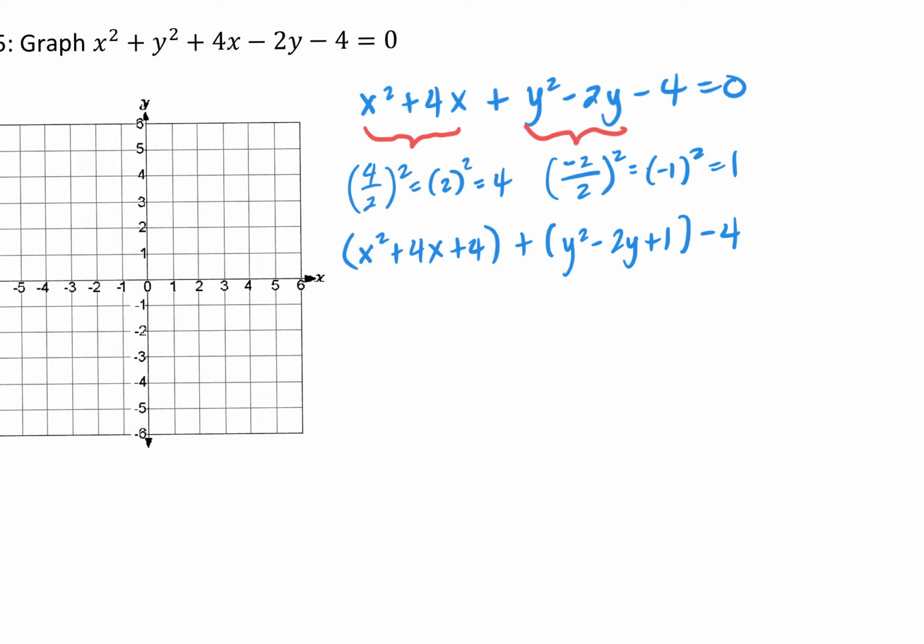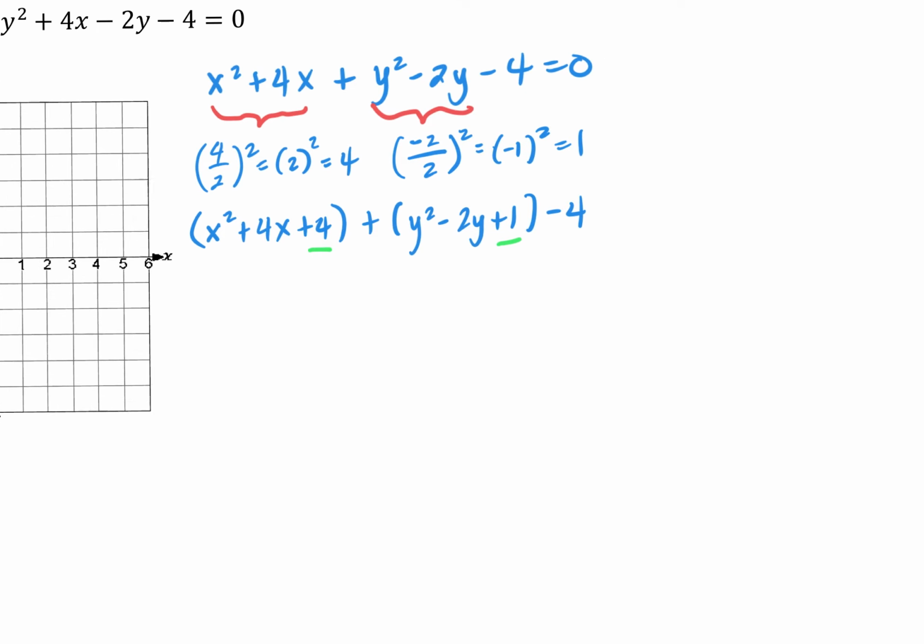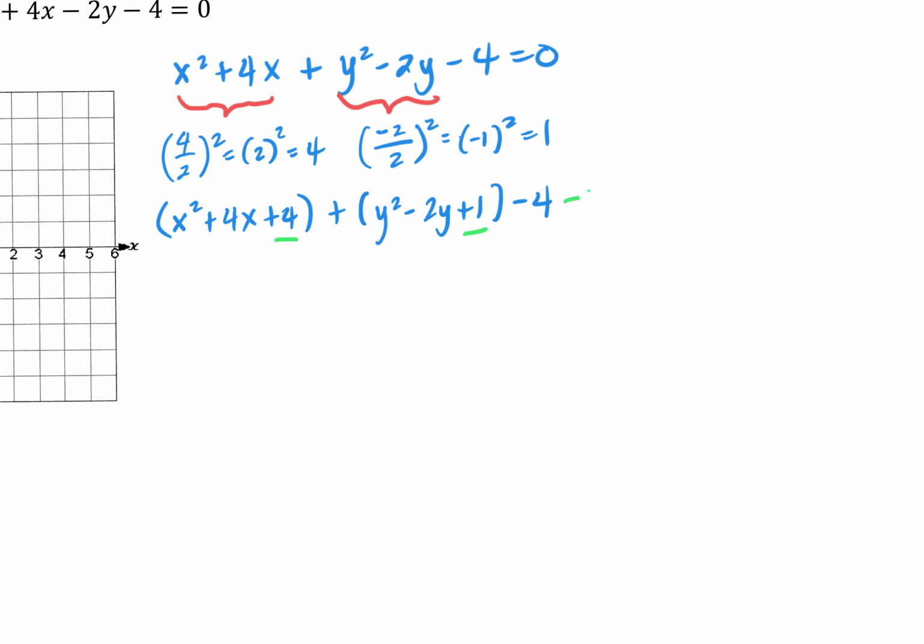I've added in a 4 and a 1. Notice that I don't have a value outside the parentheses to multiply that by. So I've completed the square, added in a plus 4, a plus 1. So I'm going to have to minus 4, minus 1 on the outside. And then that was equal to 0.